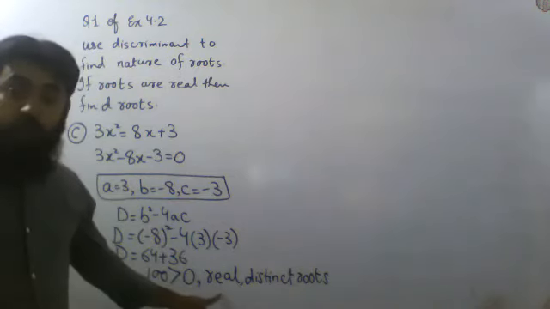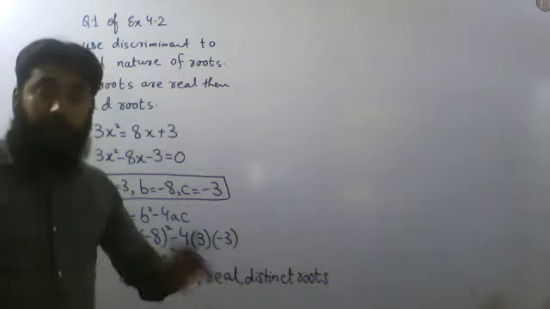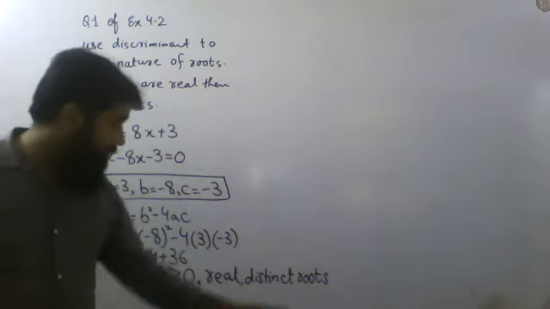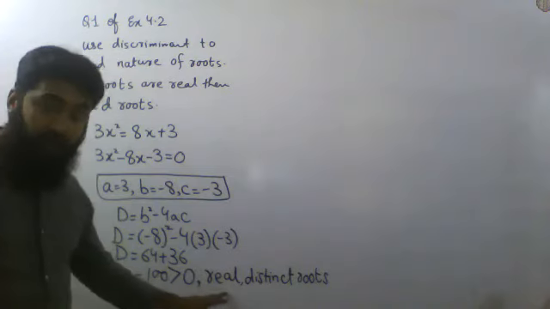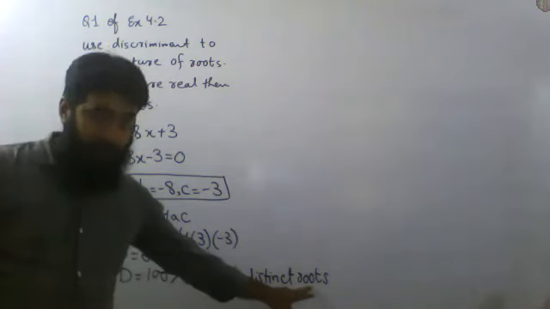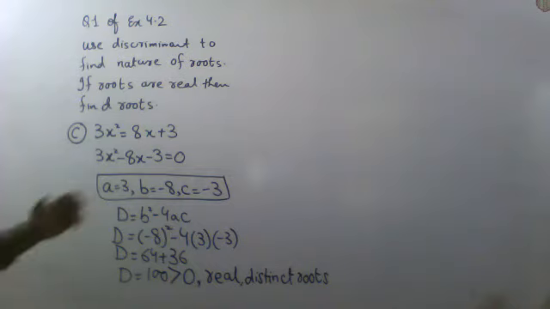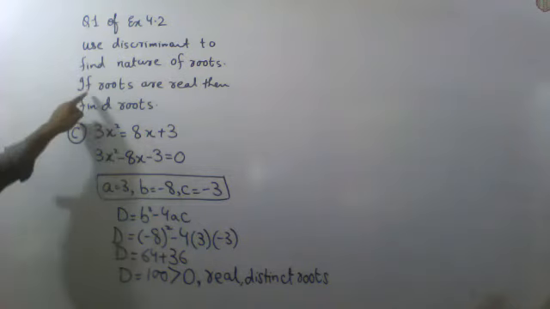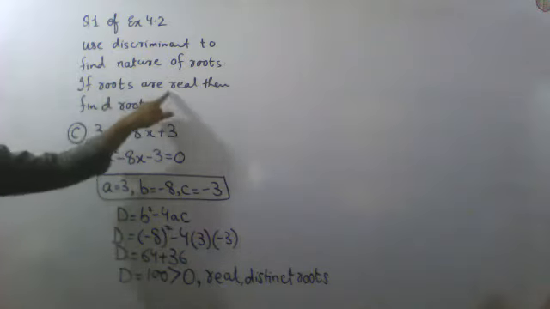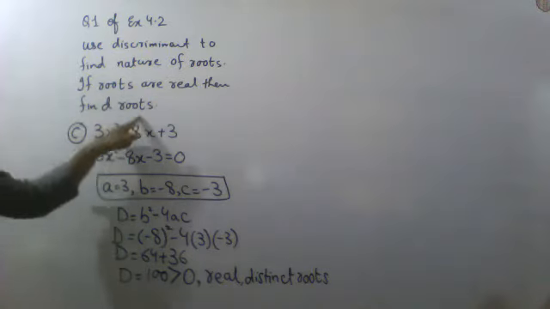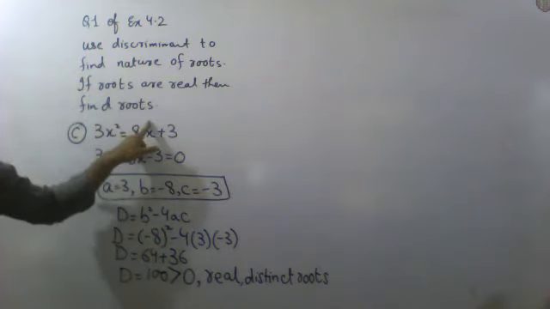Real means the roots will be real, no imaginary number. Distinct means two different roots, answers. So I will have real, different answers. Now, after that, what they have said is, if roots are real, then find roots.